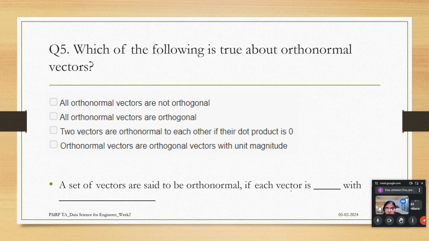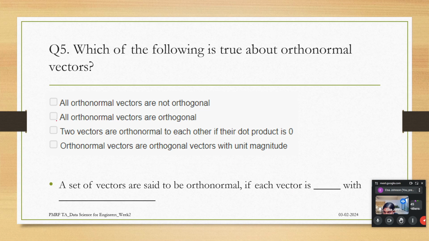Which of the following is true about orthonormal vectors? You can say B and D. Orthonormal means not just orthogonal, you should have unit magnitude also.